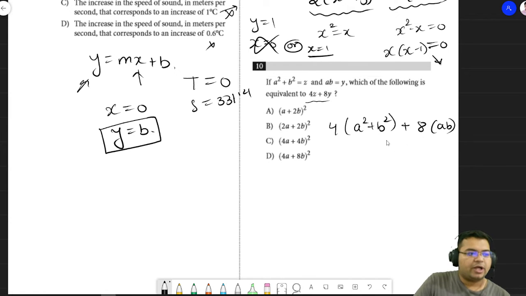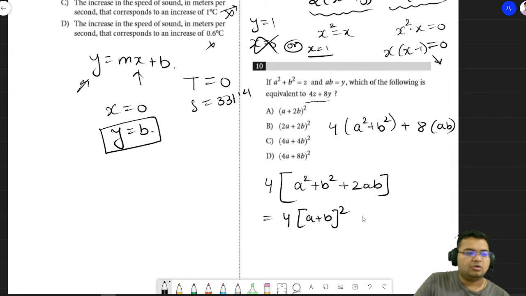Now I can take a 4 common out from both the terms. I'm left with a square plus b square plus 2ab. Now I can write this as 4 times a plus b whole square.